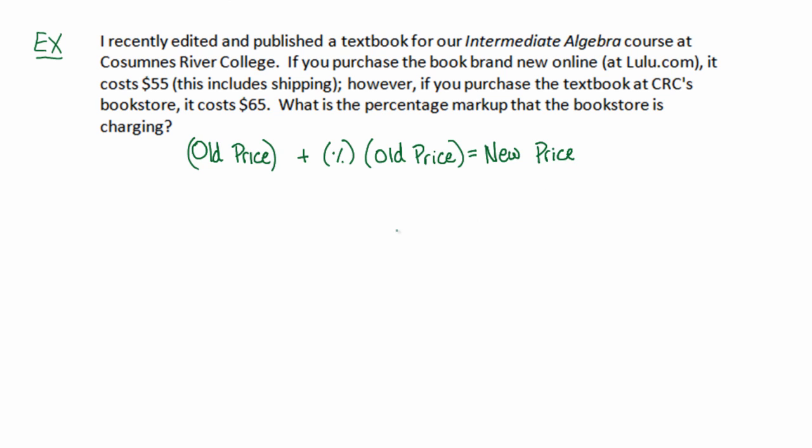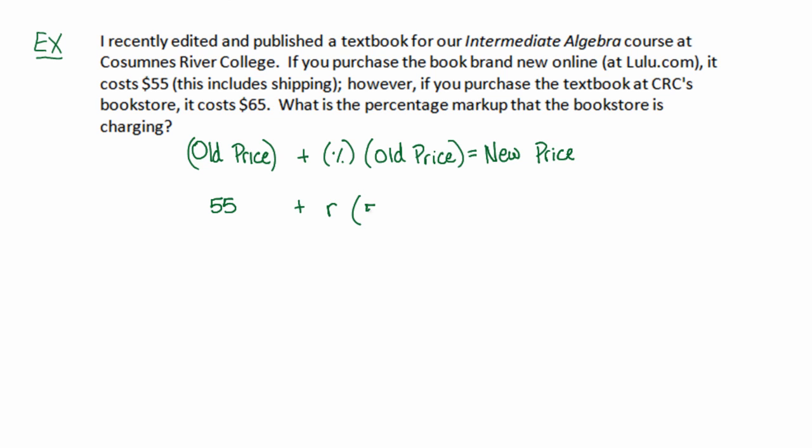Go to any type of bookstore or product store, go to an electronics store. They buy their TVs from a manufacturer and they put a percentage markup on it, and then sell it to you for a higher price because you can't access the manufacturer. So here we go. The old price in this situation happens to be $55. They're going to tack on a certain percentage, and I'll call that R, because that's usually the letter we reserve for percentage rates.